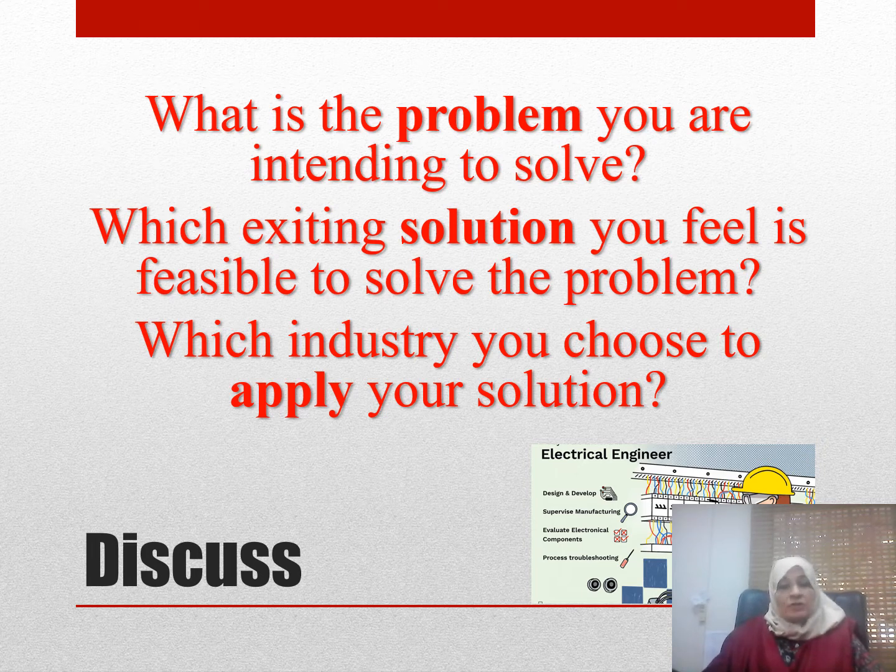It is all about keyword search and polishing those keywords around these 3 clusters: the problem you are intending to solve, the existing solutions available today through which the problem you have highlighted can be solved, and of course, the industry or context of application in which you are interested to apply your invention in future.